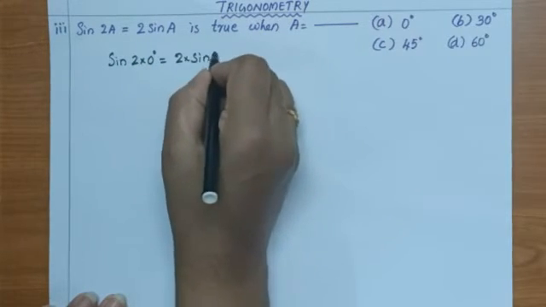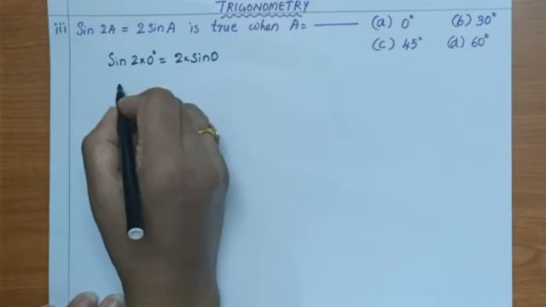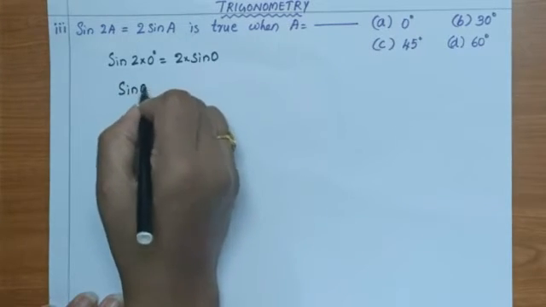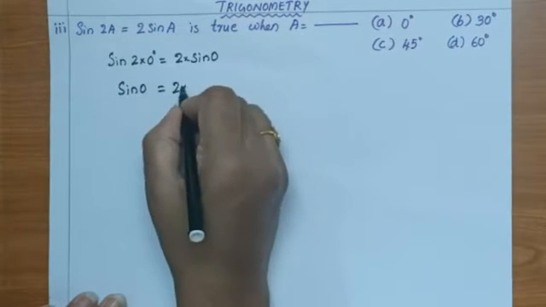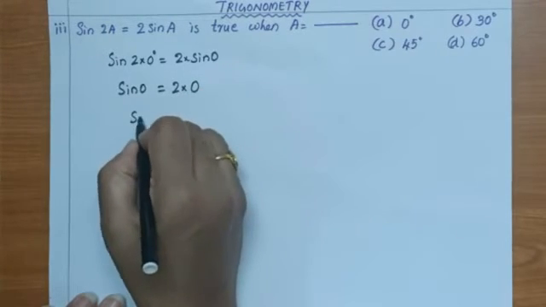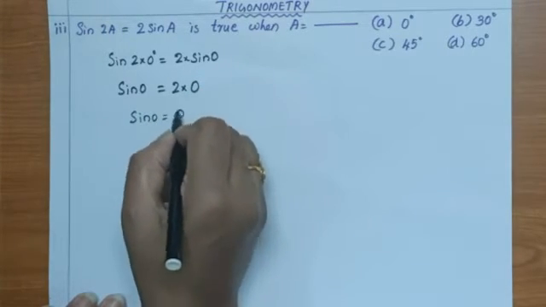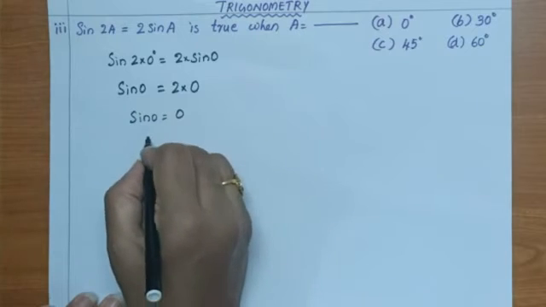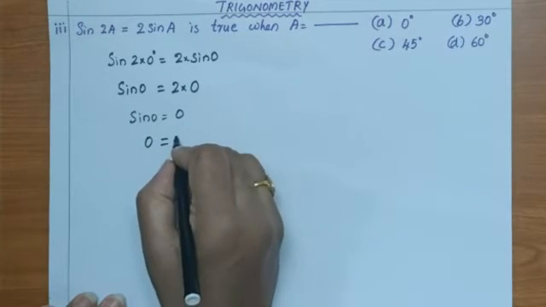Sin 2 into 0 degree means sin 0 equals 2 into sin 0. The answer is 0. So sin 0 equals 0. That means on the left side and the right side we got the value 0.